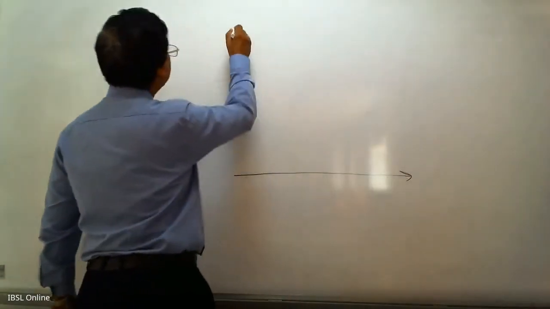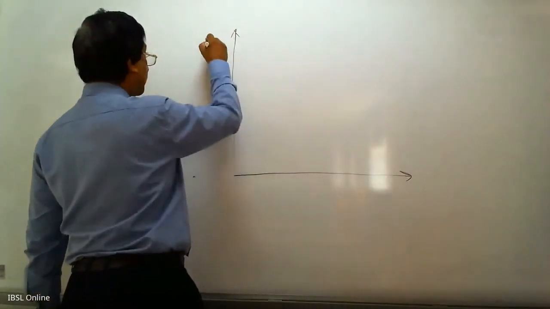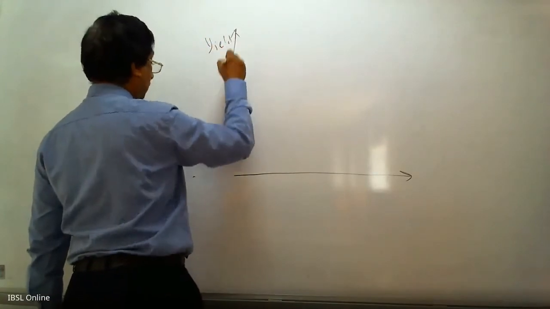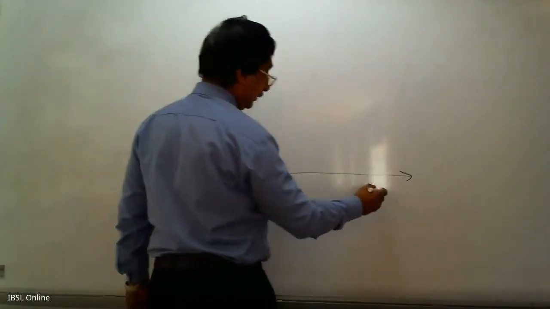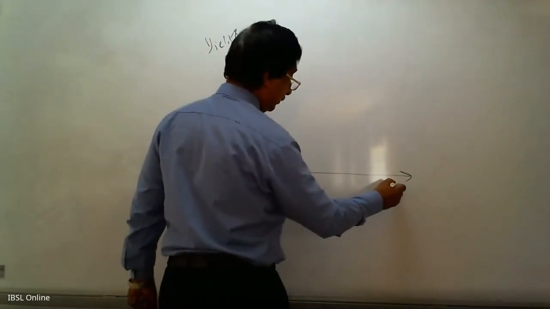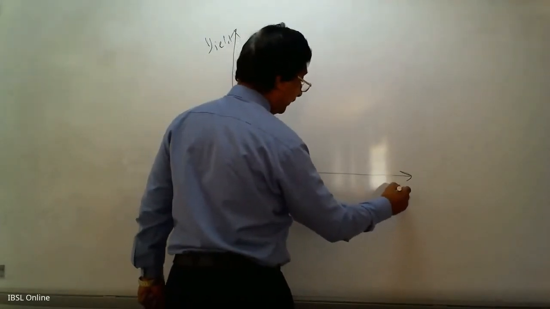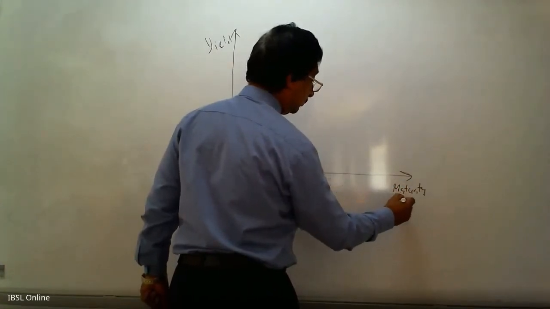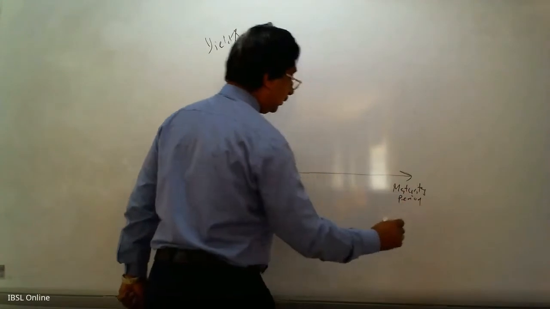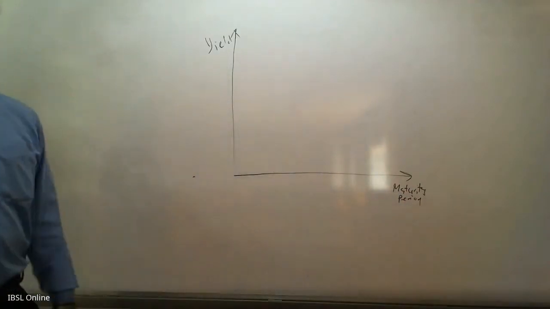Now in the yield curve, yield goes to the y-axis, and time or maturity period goes to the x-axis.